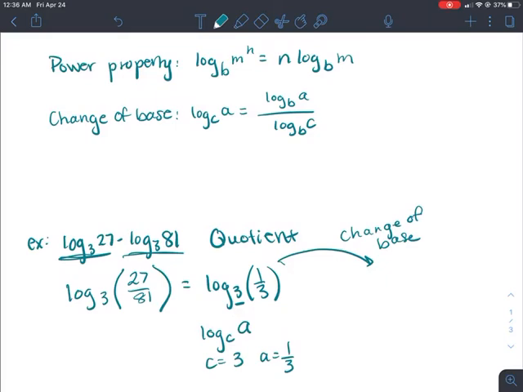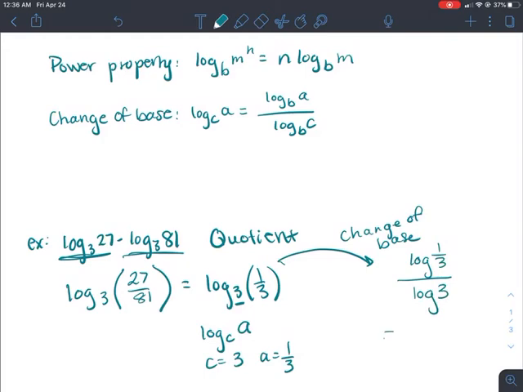So this is going to become log of 3 over log of 1/3. Oh, I'm sorry, I did that backwards. It's log of 1/3 over log of 3.